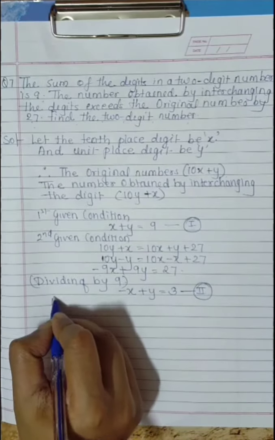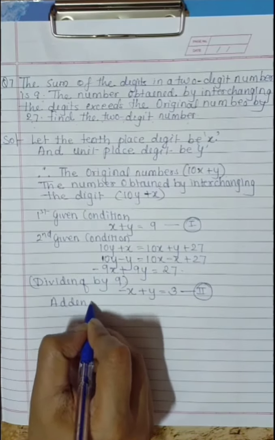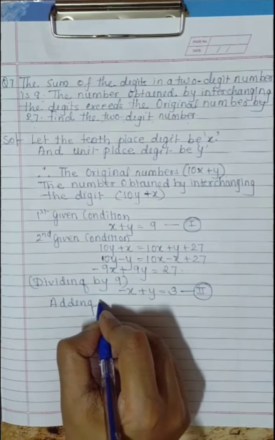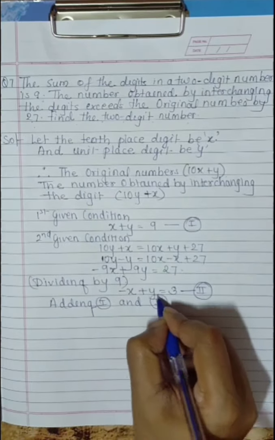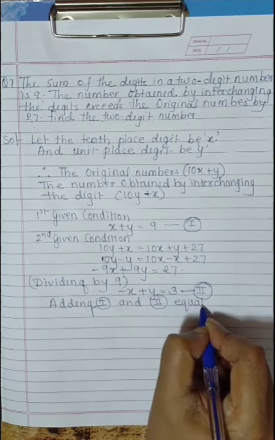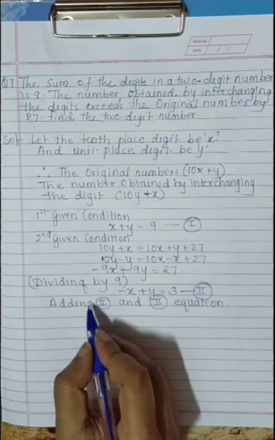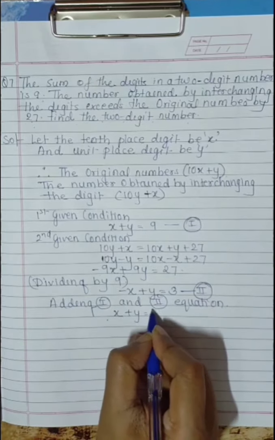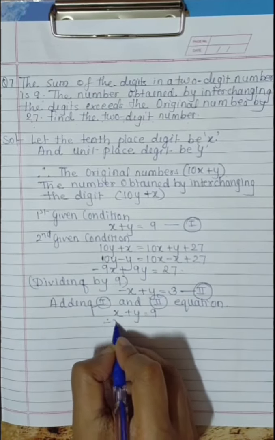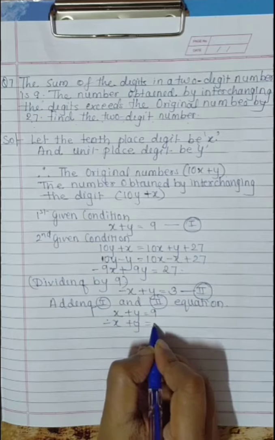Now we are going to add the first and second equation. x plus y equal to 9, minus x plus y equal to 3.